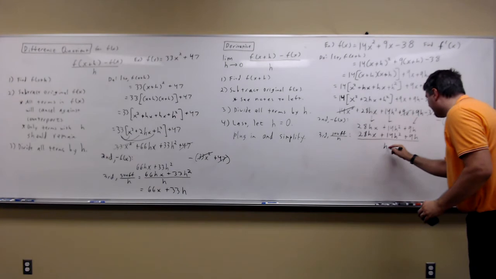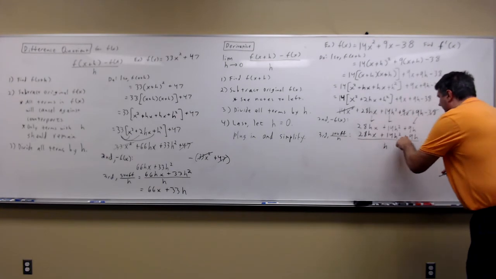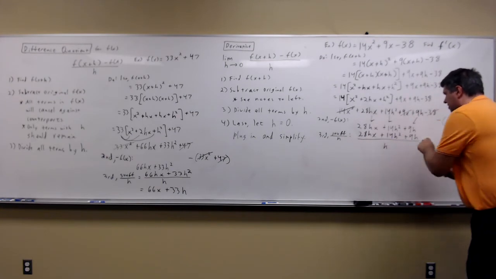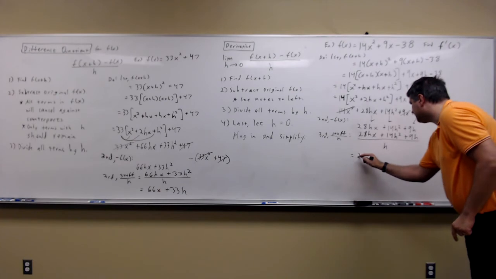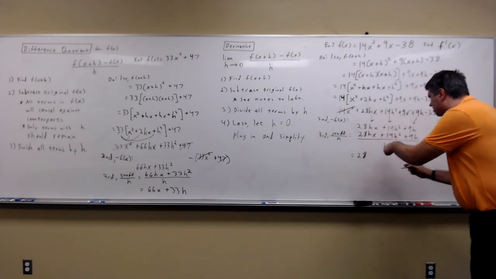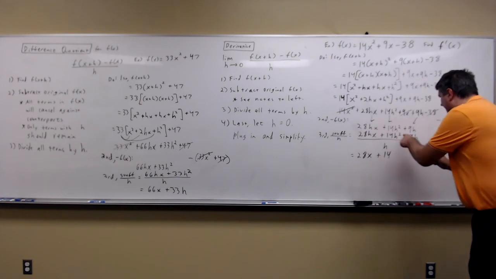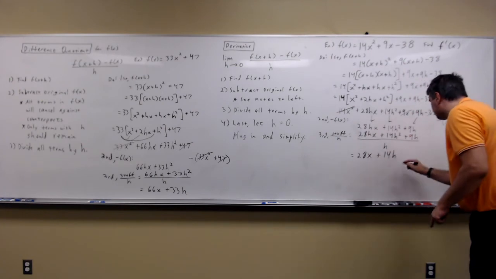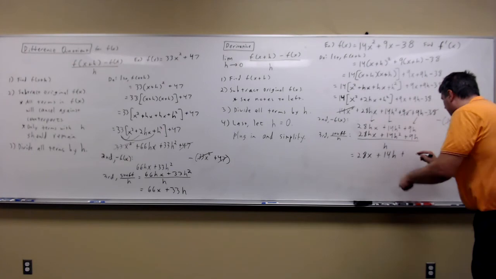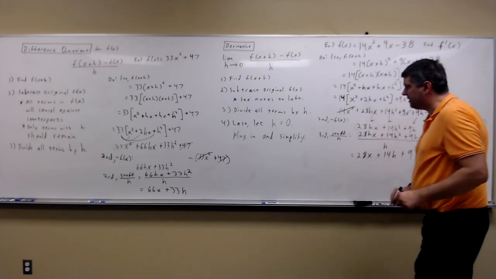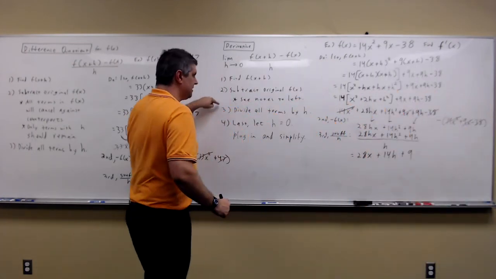Now, the reason I can divide all three terms by h is because all three terms have an h in them. So I'll get 28, the h's cancel here, so 28x plus 14, h goes down a power to h to the first, and here the h's cancel, plus 9. And the difference quotient is simplified.